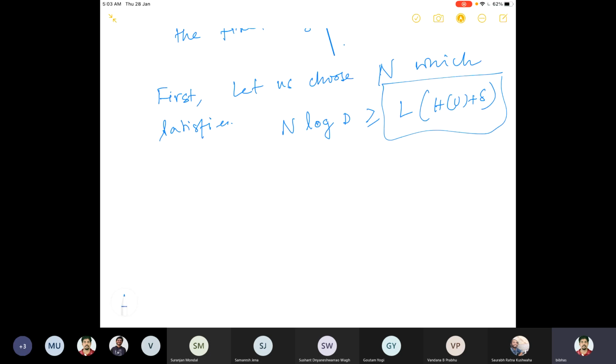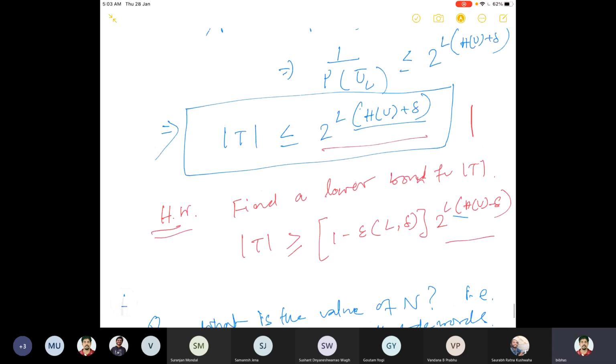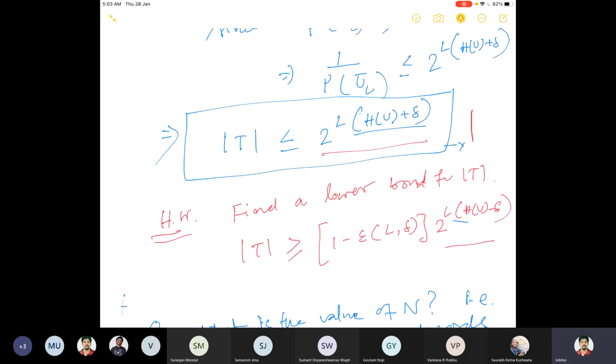Then what can you show? Now see here, we have proved that mod of T is less equal to this. So this is my, let's say, fourth star. Mod of T is less equal to 2 to the power L(H(U) plus delta).